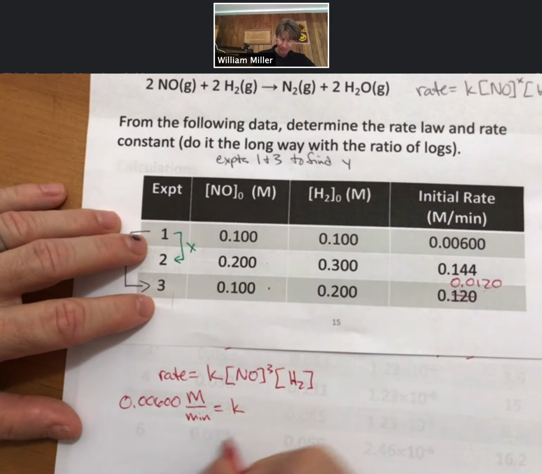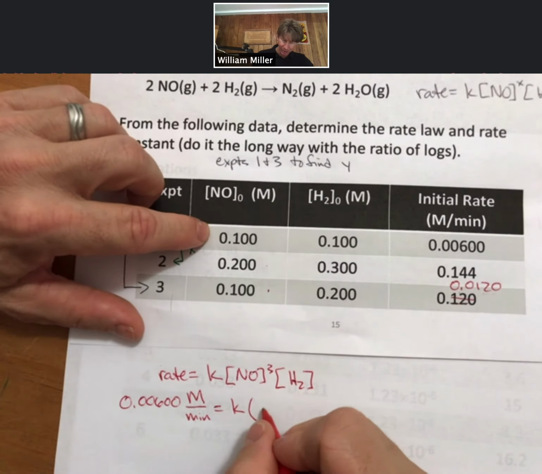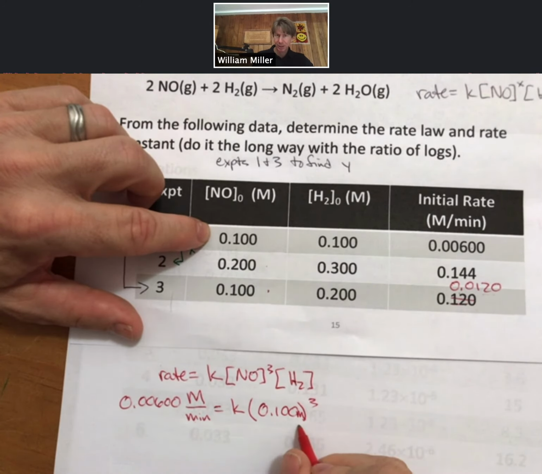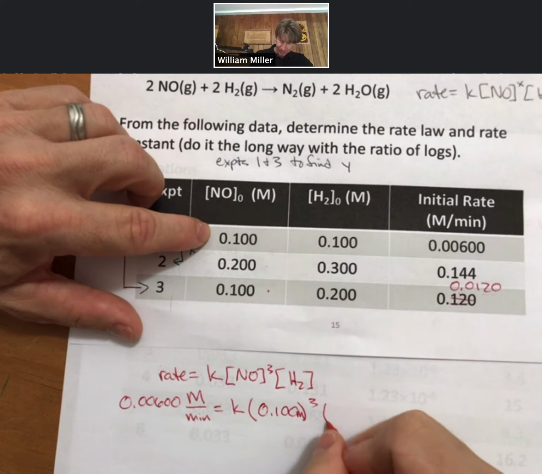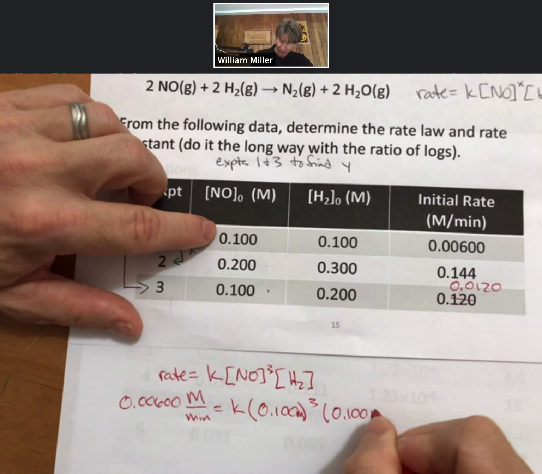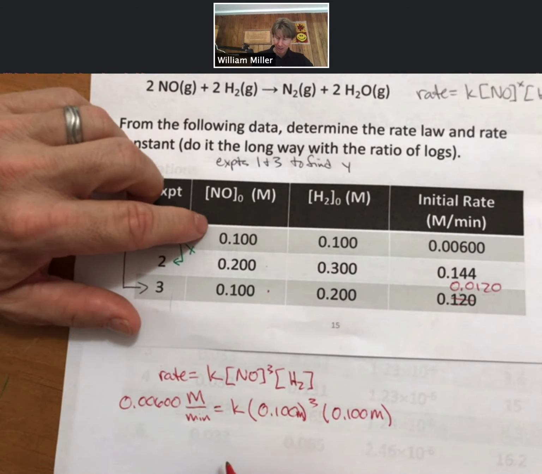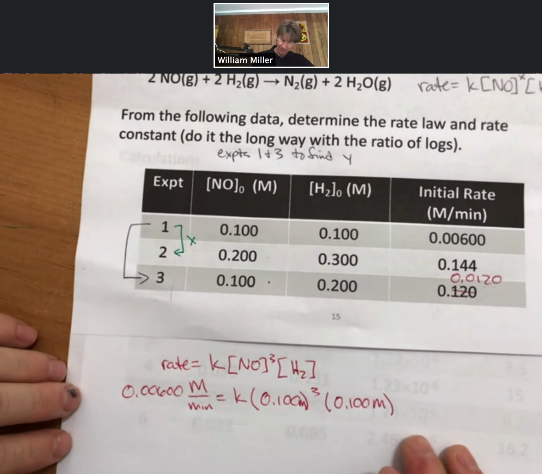Molarity per minute, I have my concentration of NO from experiment 1, 0.100 molarity cubed, 0.100 molarity to the first power, and now K is the only thing I don't know.